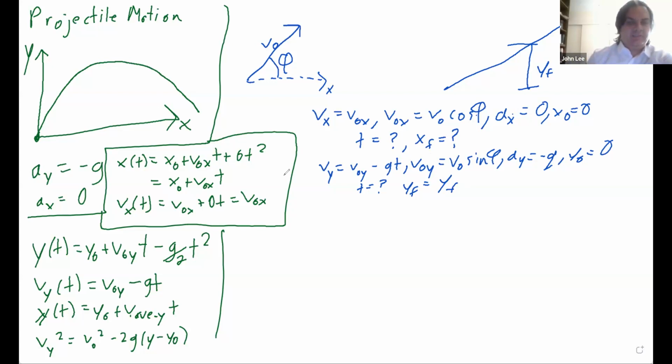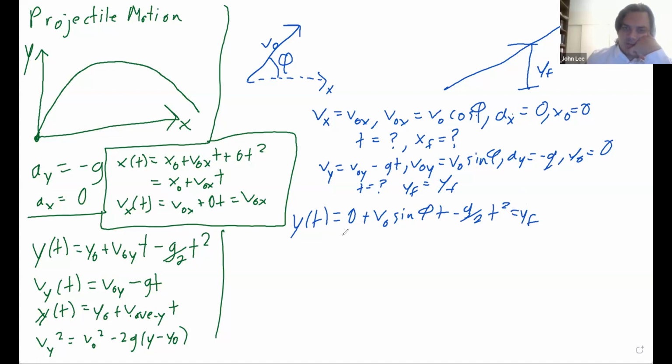So we use the equation y of t equals 0 plus v naught sine phi t minus g over 2 t squared. So y final equals that.